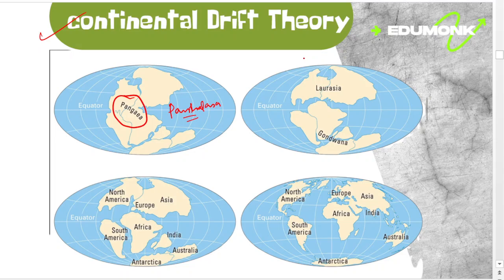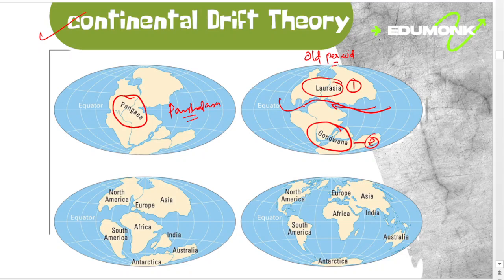Then, after the Paleozoic period, the super ocean, Panthalassa, intruded into the supercontinent, which split the supercontinent into two parts. The first one is Laurasia, the second one is Gondwana.